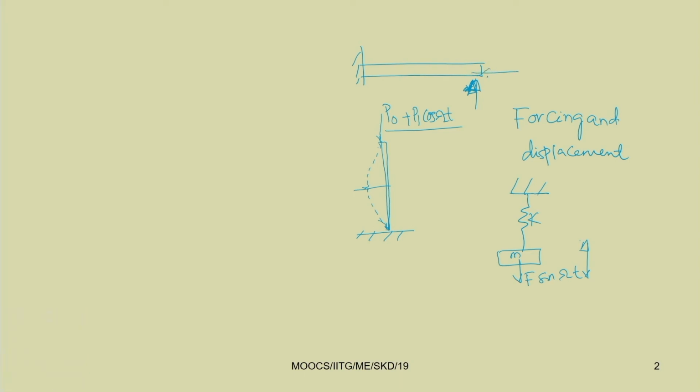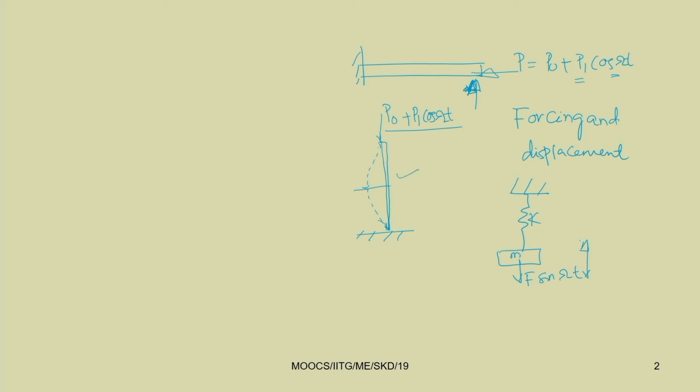Let us take this cantilever beam also. If we are applying a load, for example, in this horizontal direction, that is P equal to P0 plus P1 cos omega t, you can see that it will start to buckle or bend for certain values of P1 and omega, which are very much less than its critical load.